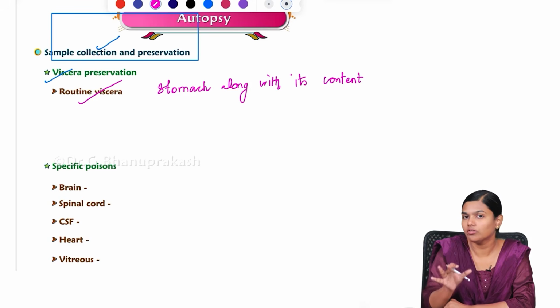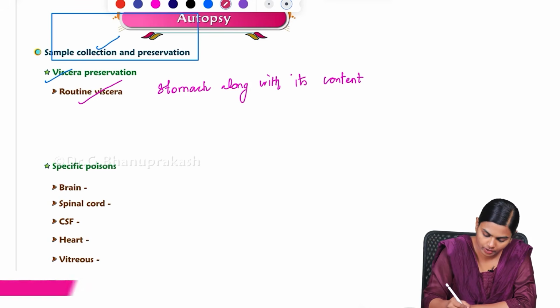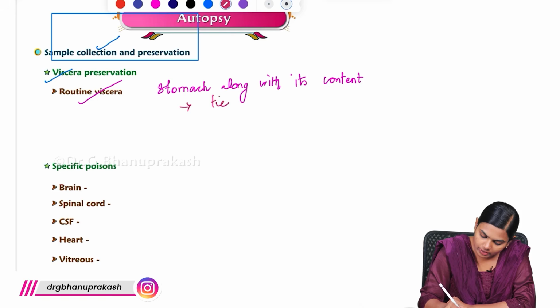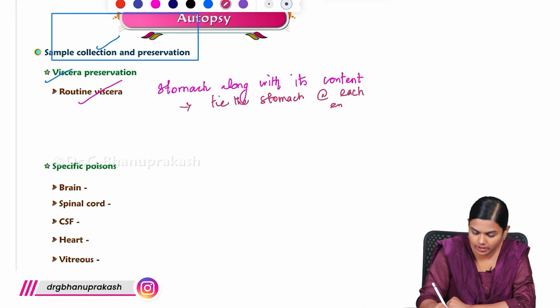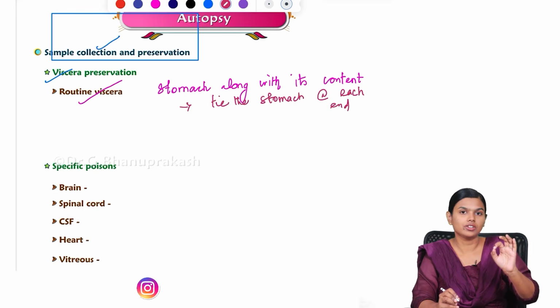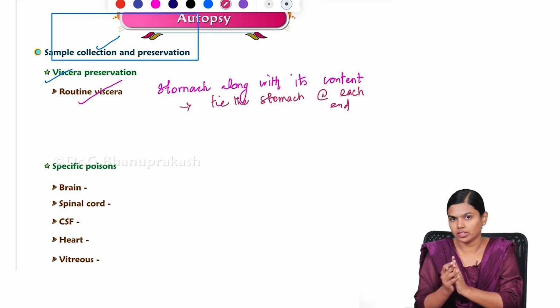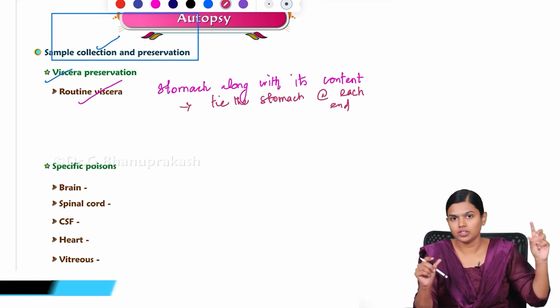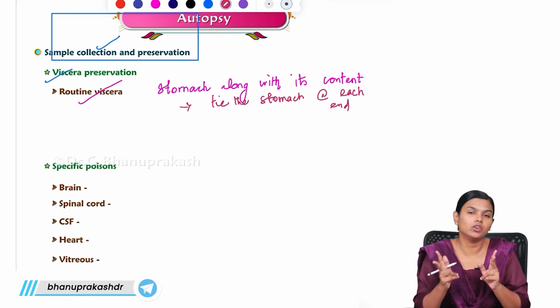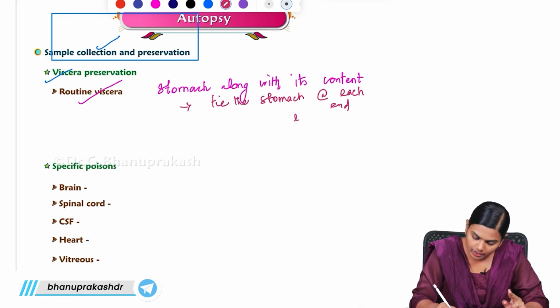And how we cut open the stomach is that we will tie the stomach at each end. So, at the esophagogastric junction and then the gastroduodenal junction, there you will tie. Both sides you will tie, and after tying you will cut them open.